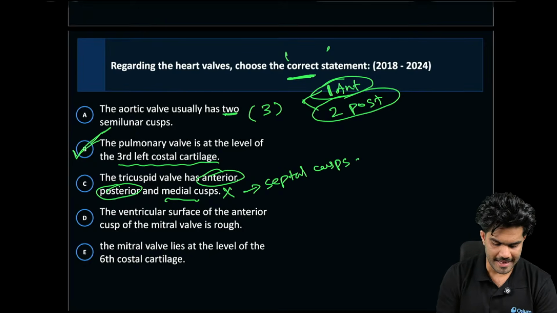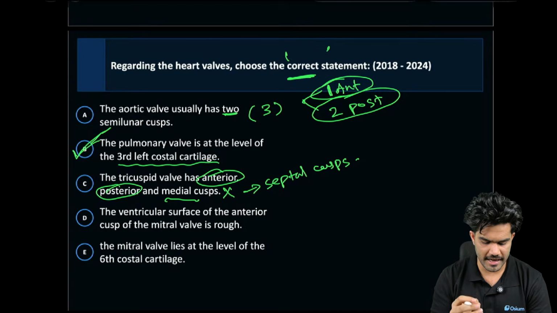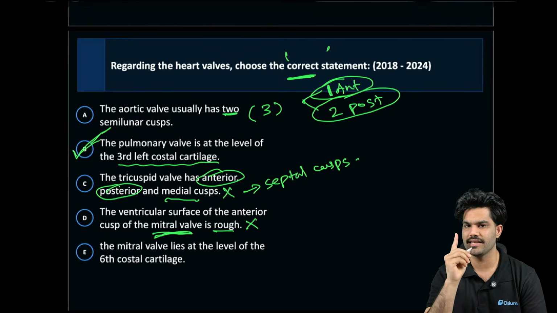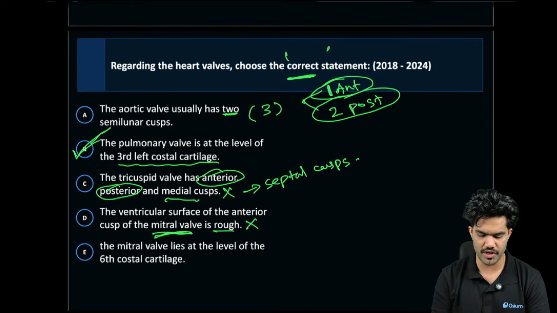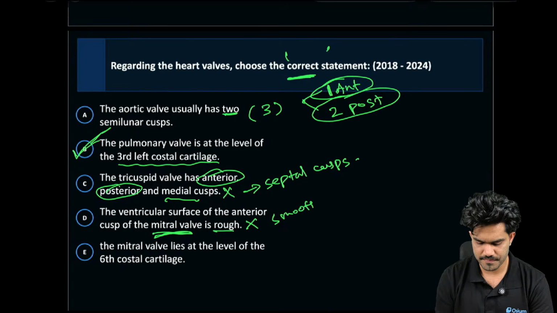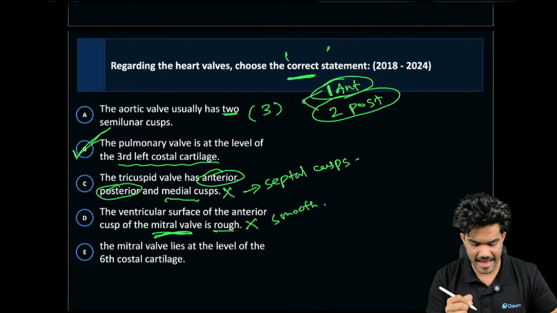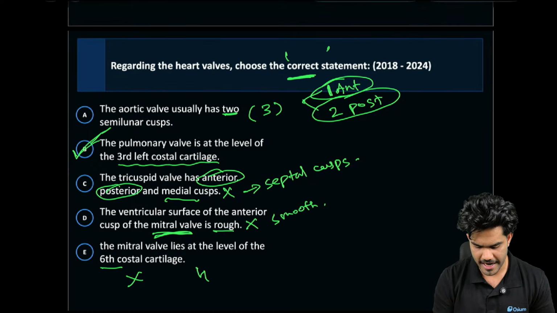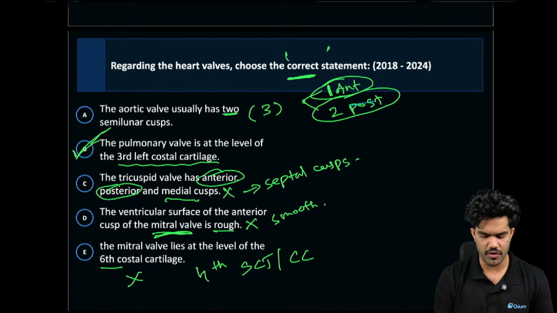The ventricular surface of the anterior cusp of the mitral valve is rough. No, it should not be rough because blood is passing, guys. Remember, blood is passing, so it should be smooth. The mitral valve lies at the level of the 6th costal cartilage. Wrong answer. It lies at the 4th sternocostal junction or costal cartilage.